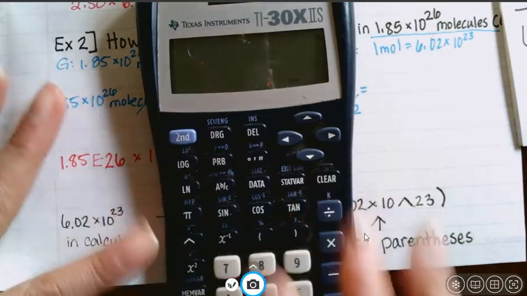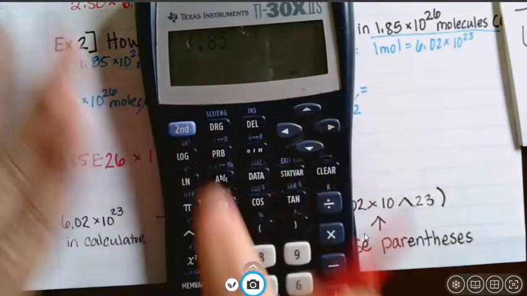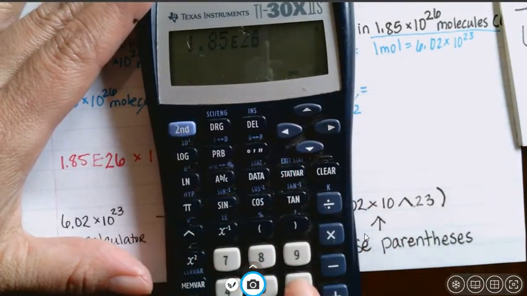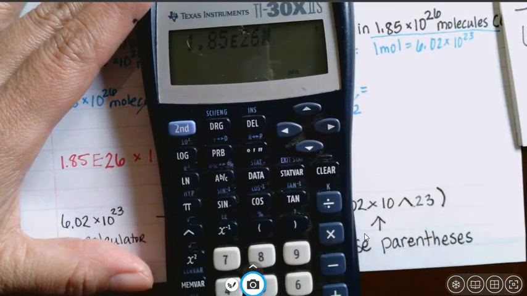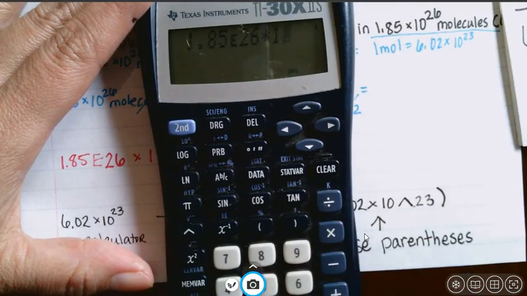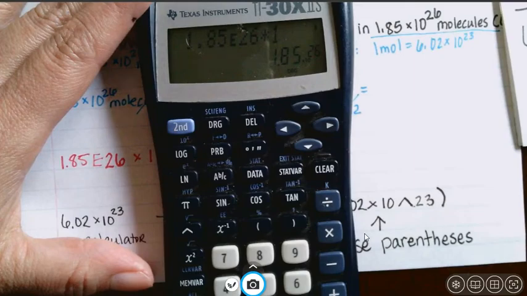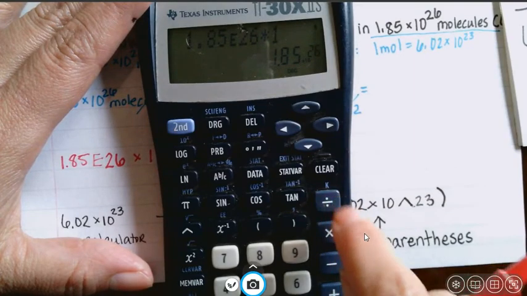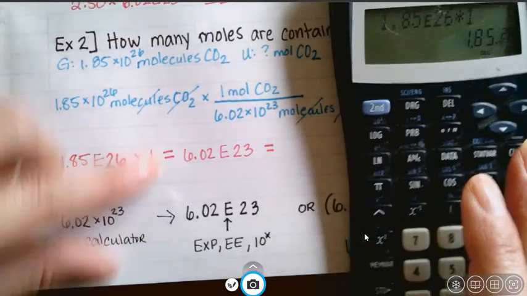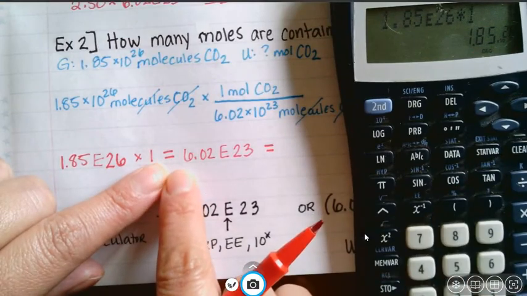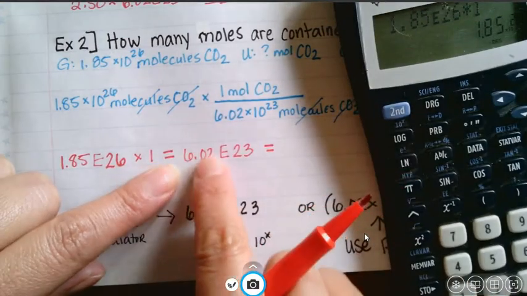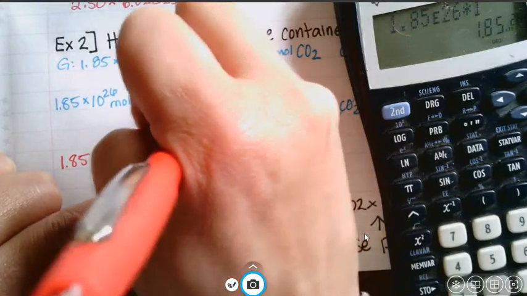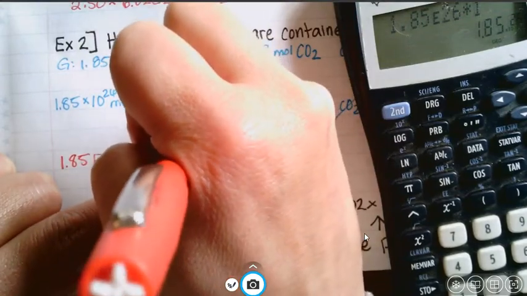So let's see what that looks like. 1.85 e to the 26, times 1, hit enter. Then, oh look, I messed up. I didn't say what I was doing with that. I need to divide. That goes right there.